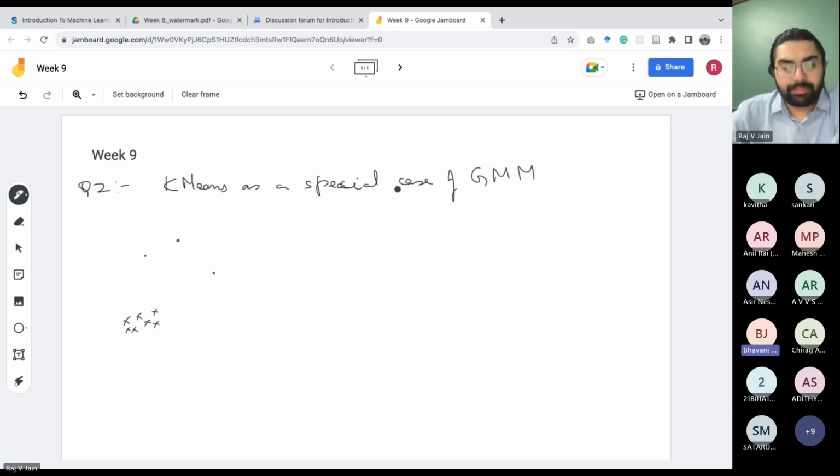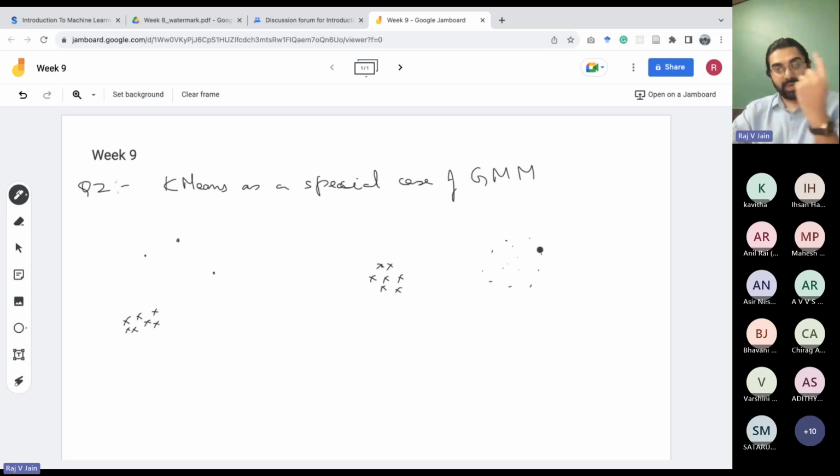Even if both are round shapes but of different density, will that work? Even then it won't work. Because k-means has a constraint that all the clusters should have the same variance across all directions.